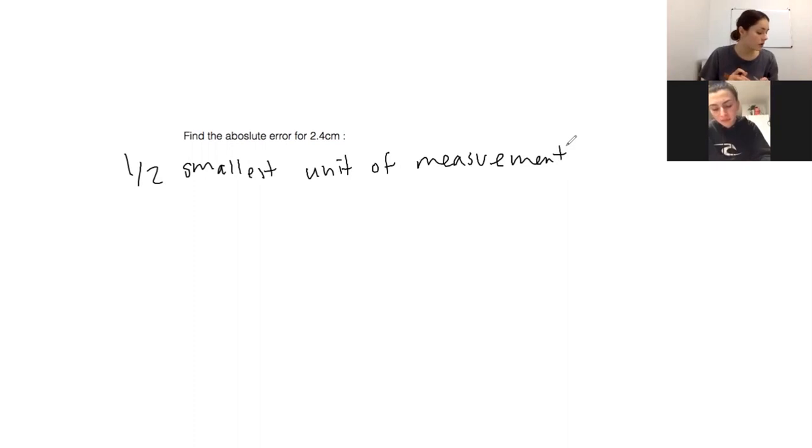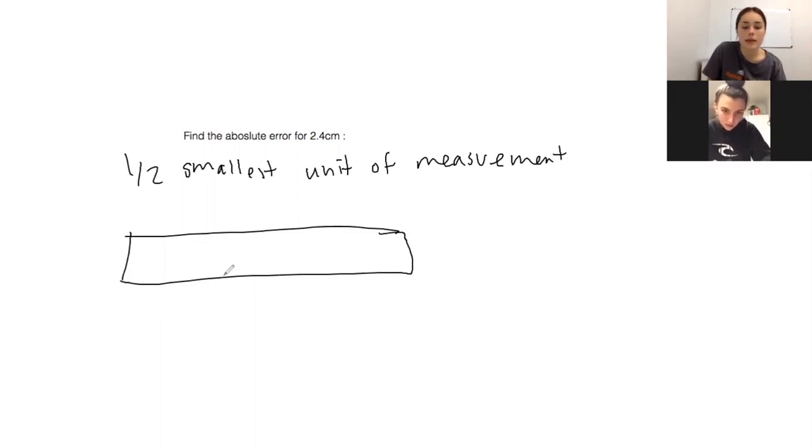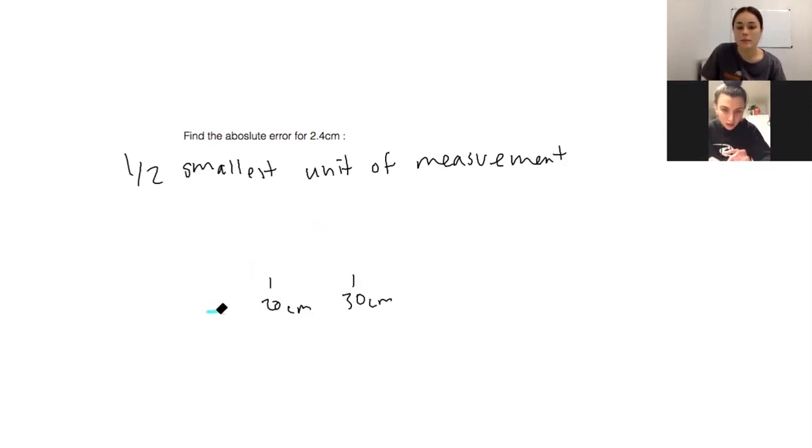No. It could be centimeters. They could have a ruler and they could have 10 centimeters, 20 centimeters, 30 centimeters, or whatever. So it could be in centimeters, it could be grams, it could be any unit of measurement. It's just the smallest unit of measurement.